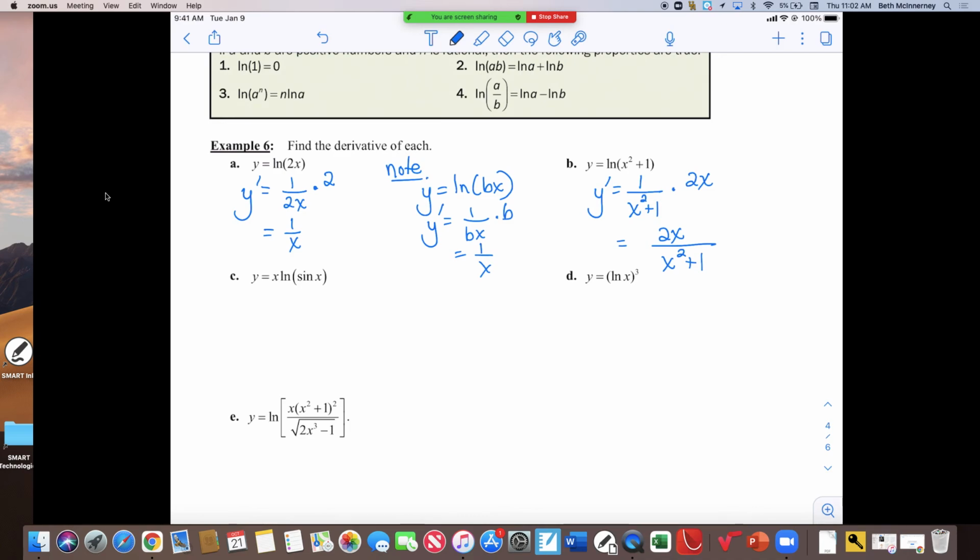So I'm going to say y prime equals the first times the derivative of the second. So now I'm using the chain rule. The derivative of natural log of sine x is 1 over the stuff times the derivative of the stuff, plus the second times the derivative of the first.